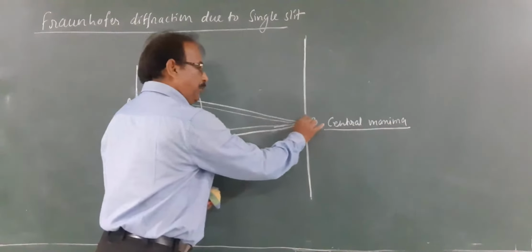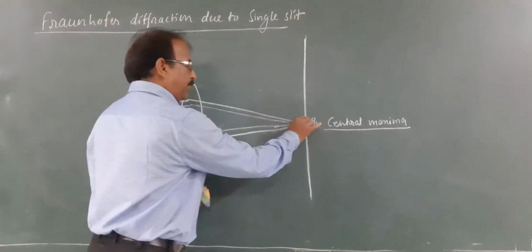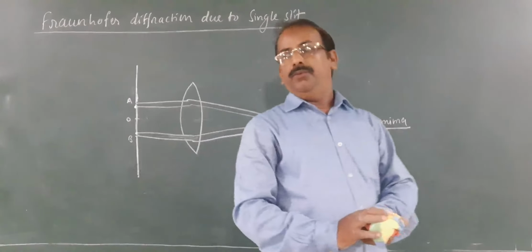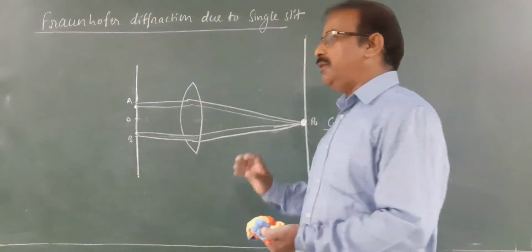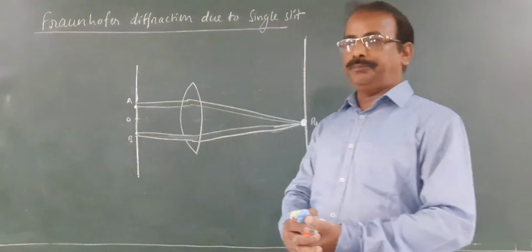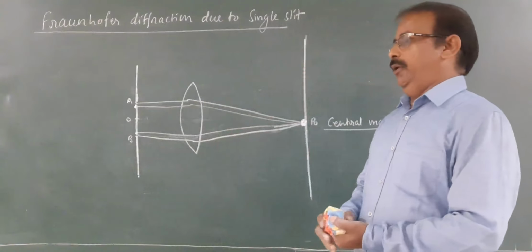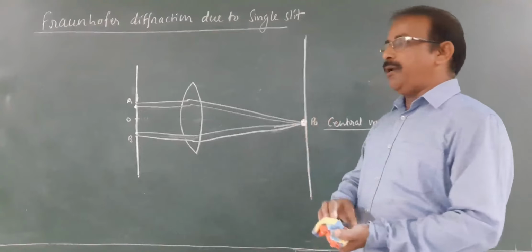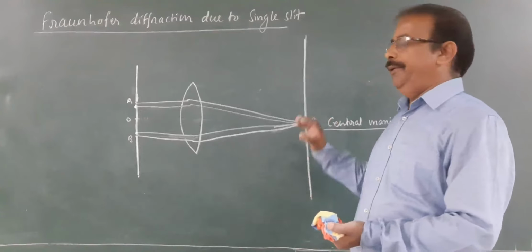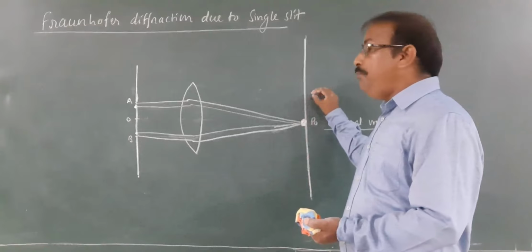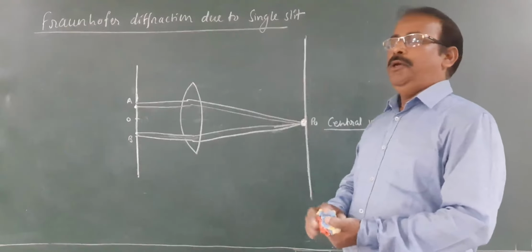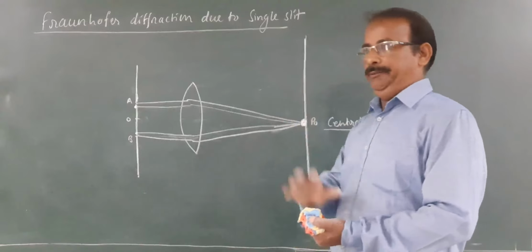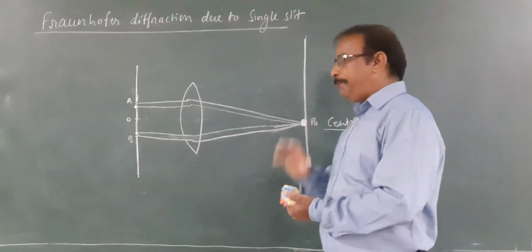Remember, in a diffraction pattern at the center of the screen we get brightness, which is called the central maxima. After this central maxima, you get minima, means darkness, a dark point.